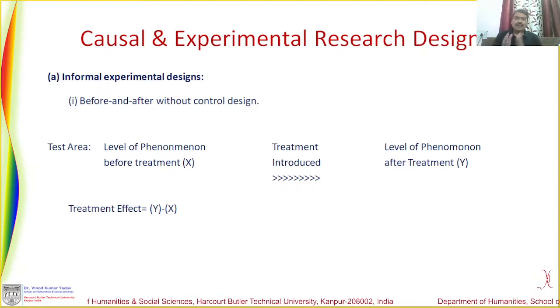Whereas informal experimental design is general and common methods. Most of the time in your day to day life, you knowingly or unknowingly conduct research on many issues by using one of the informal experimental designs.